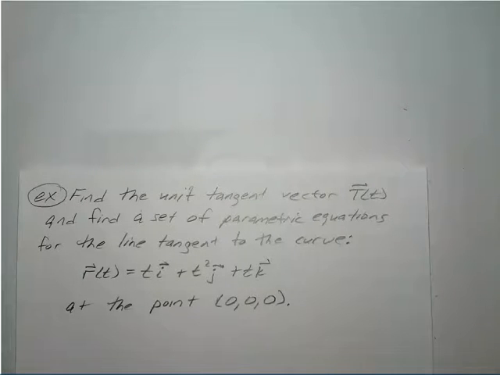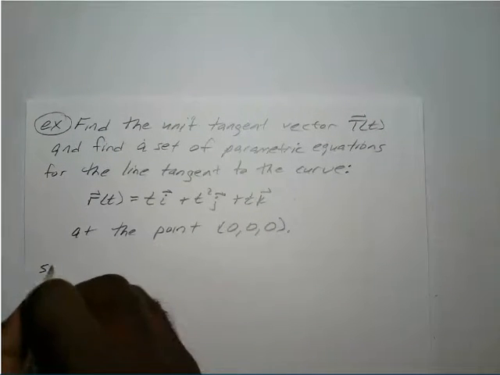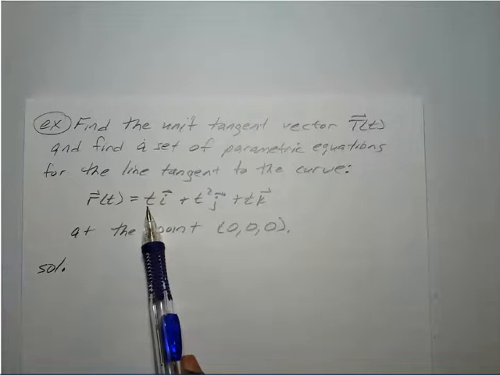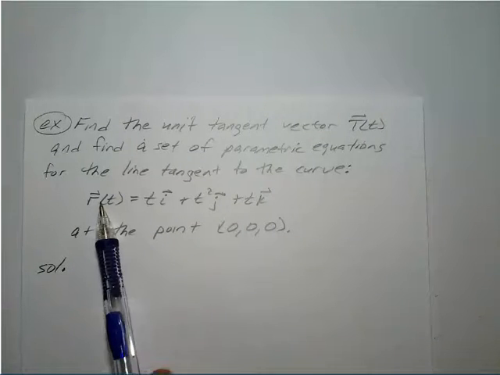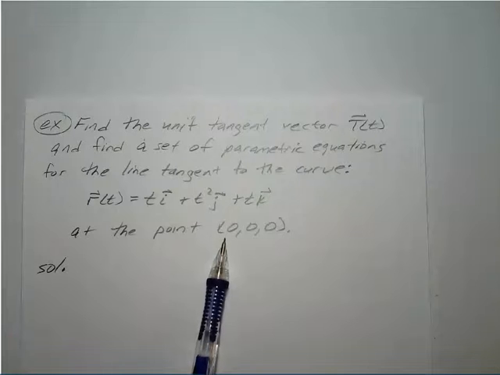Alright, so to solve this one, first thing you want to do is figure out, okay, what value do I have to make t in order to make our vector equal our point, or our terminal point.